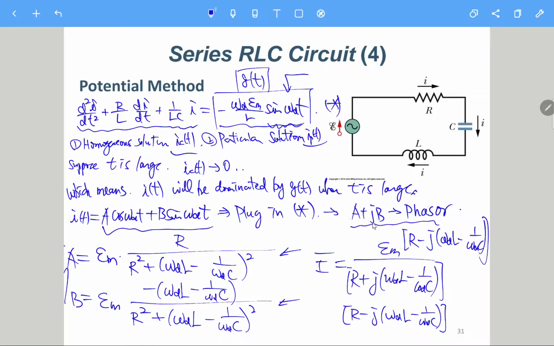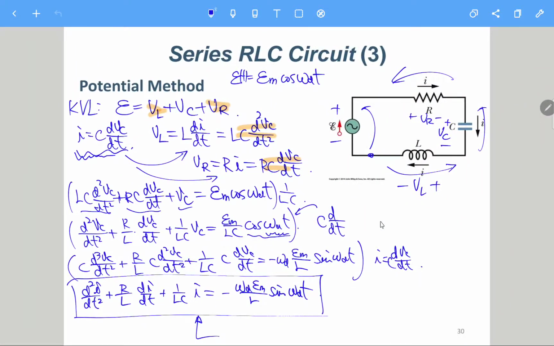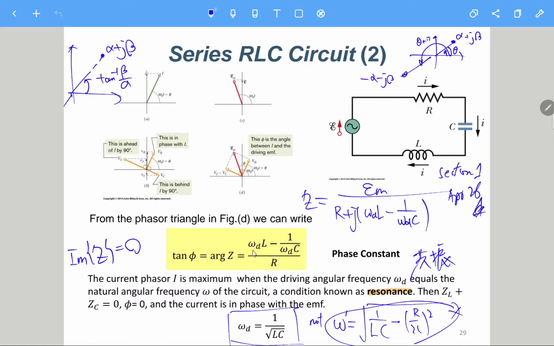If we just convert it to polar coordinate, it becomes R exponential J phi. R will be the square root of A squared plus B squared, and phi will be the arctangent of B over A, which is actually the same as this expression.